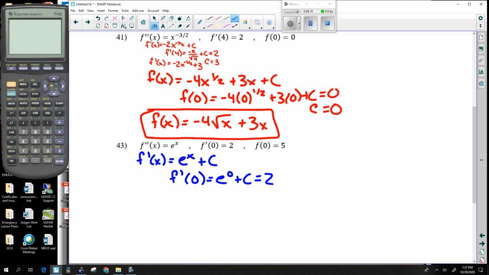Okay, e to the 0 is 1. Don't think that it's equal to 0. Just because they provided you a 0 doesn't mean it cancels out. So that's 1. So this means c is equal to 1 ultimately right here, because that would be 1 plus c is equal to 2.